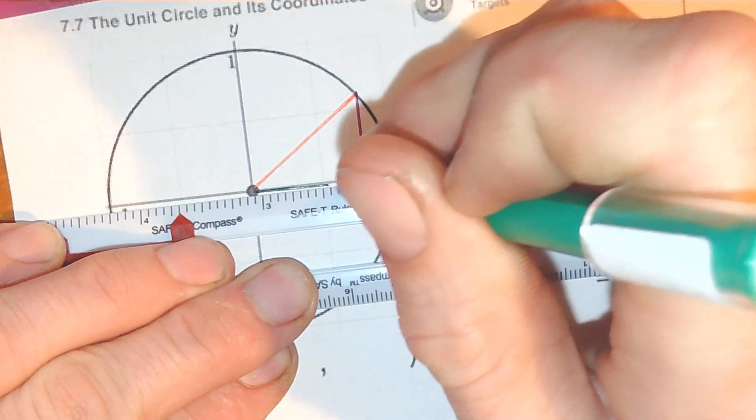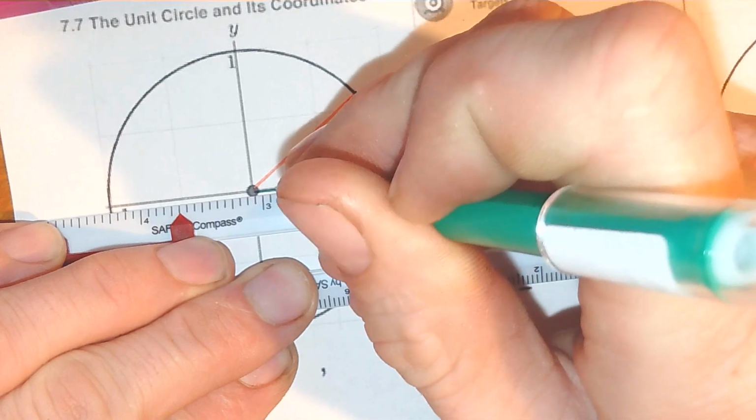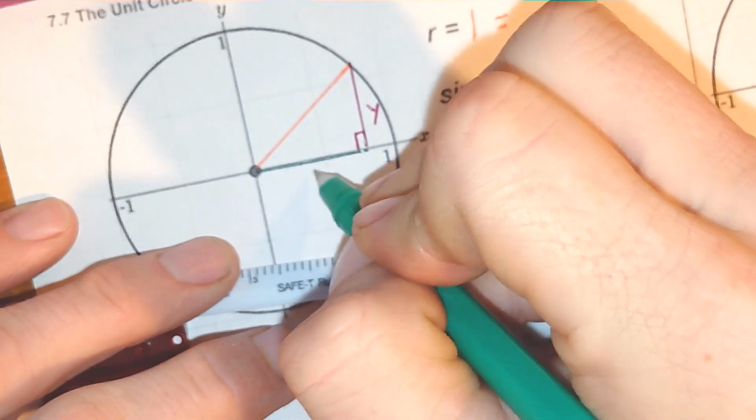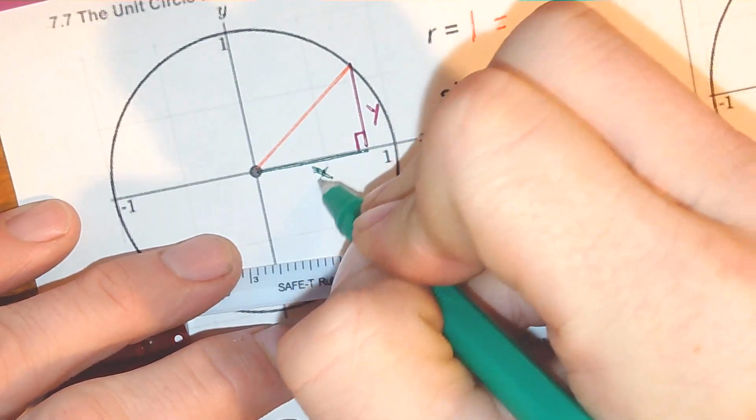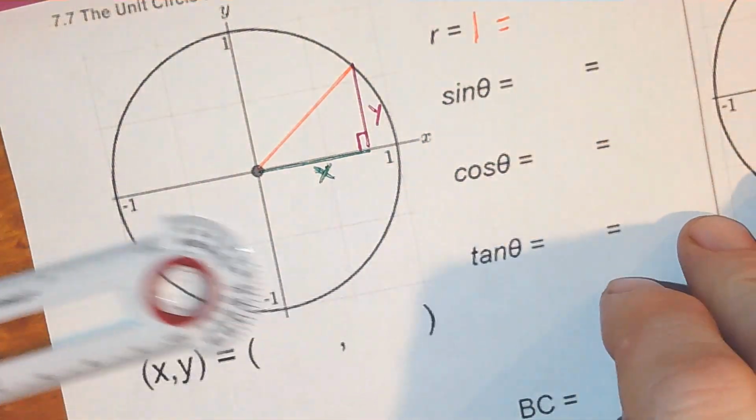You can see what I'm putting down here. My green coordinate here would be my x coordinate.